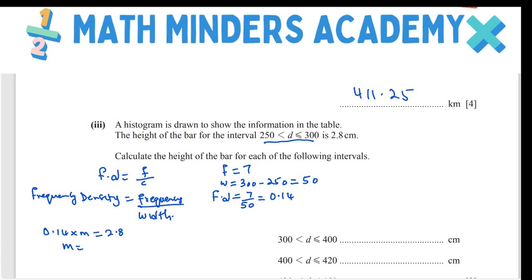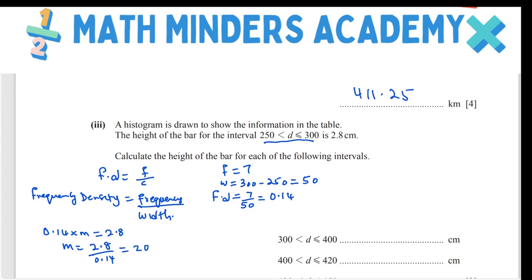Now, the multiplier is 2.8 all over 0.14, and that gives us 20. So that means for every frequency density that we calculate, we are going to multiply by 20, because that is the factor used to scale 0.14 up to 2.8.